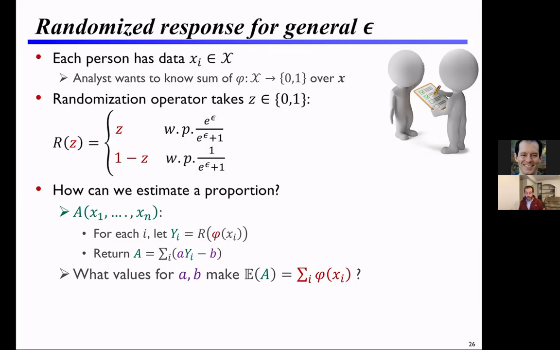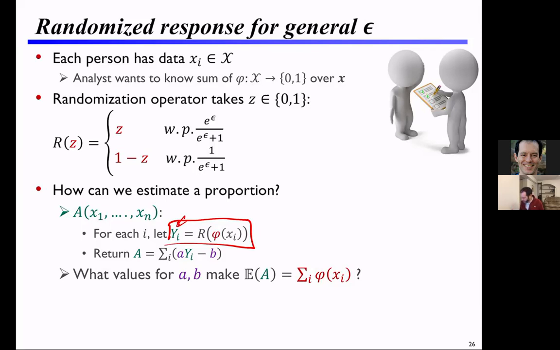We can also do that using the more general e to the epsilon over 1 plus e to the epsilon versus 1 over 1 plus e to the epsilon algorithm, but that's just a little more complicated. So as before, we're going to set yi to be this randomization. So here's our algorithm. And the way we're going to come up with an estimator is as some linear function of the yi's.